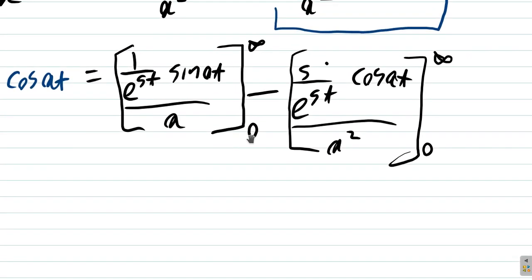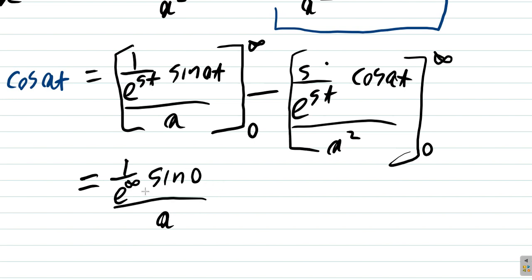Alright, so this is equal to, now at infinity we're going to have 1 over e to the s times infinity, but 1 over this is 0, times sine at, which gives 0 over a, minus, we're looking at the upper boundary, sine of infinity.